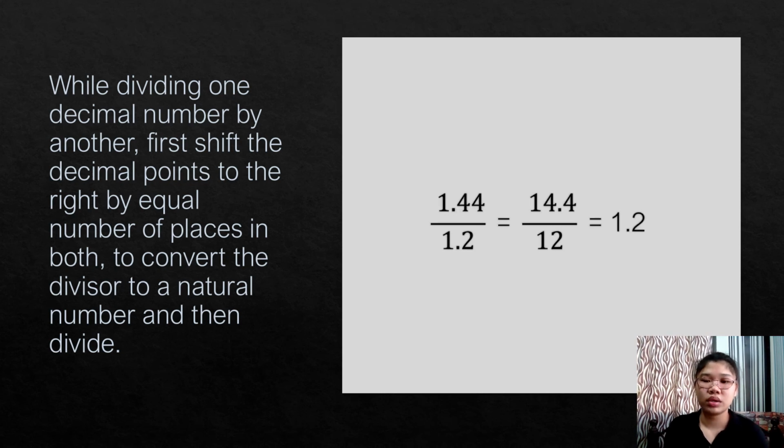For example, 1.44 divided by 1.2. If you want to achieve a natural number, move all of the given by one decimal place. So, if you move 1.2 by one decimal place, that is equal to 12. And then, if you move 1.44 also, that is equal to 14.4.